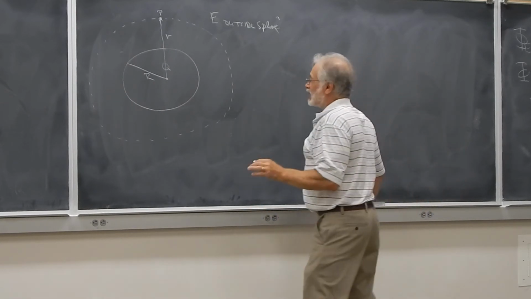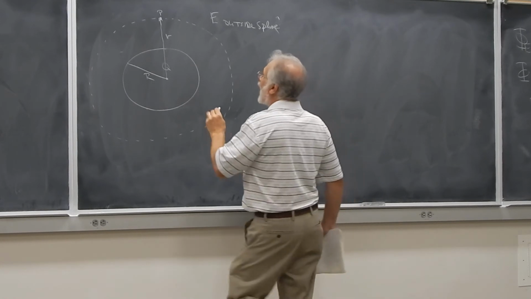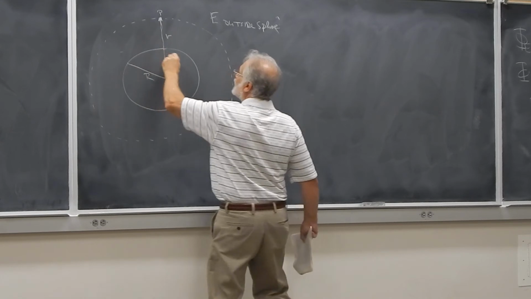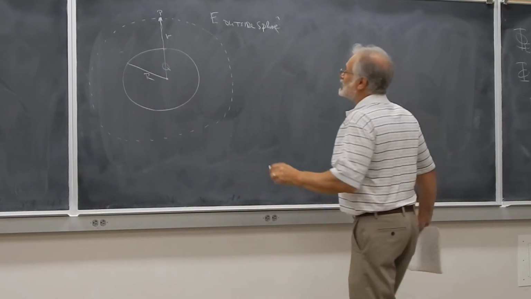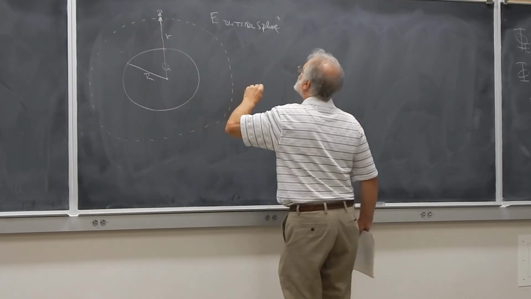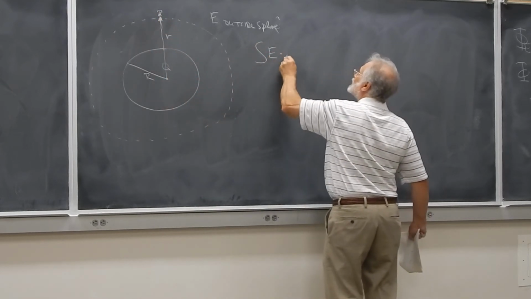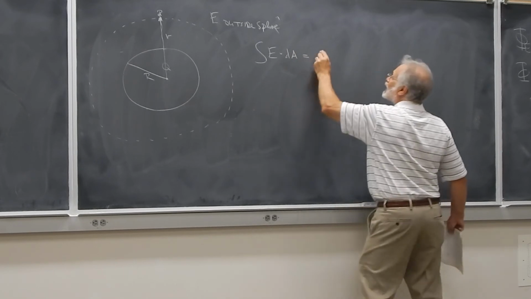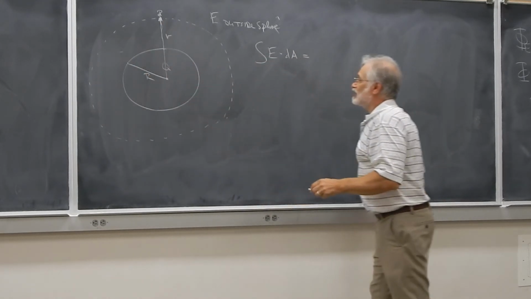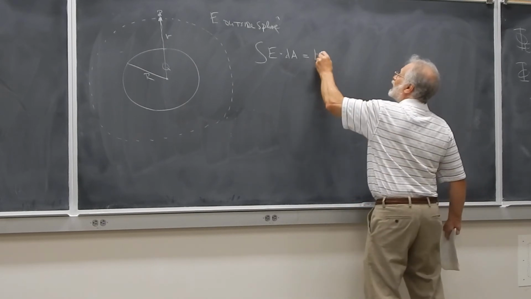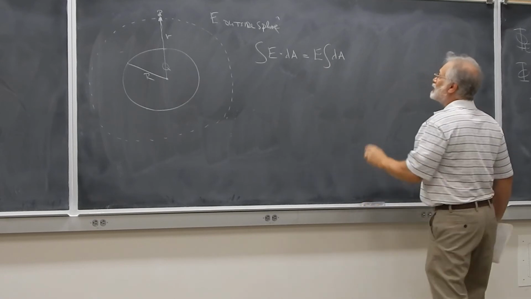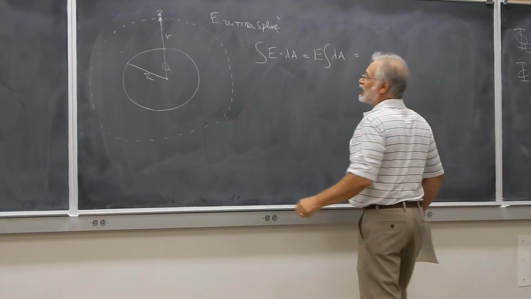Once again, because of the spherical symmetry, I know that at that point, the electric field is going to be in the same direction as the area element. So the integral of E dot dA immediately becomes, and E will be constant anywhere along that surface, so I can pull E out of the integral. E and dA are in the same direction, and that's going to be equal to how much charge am I enclosing?